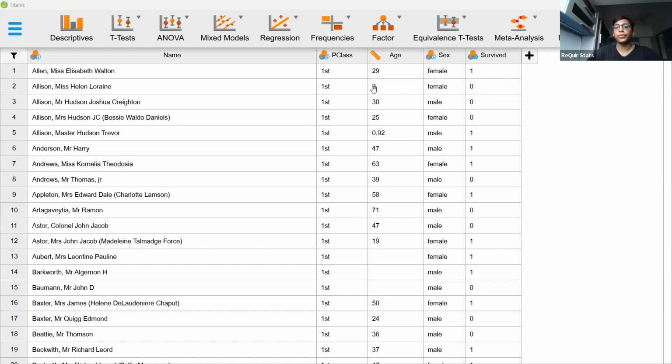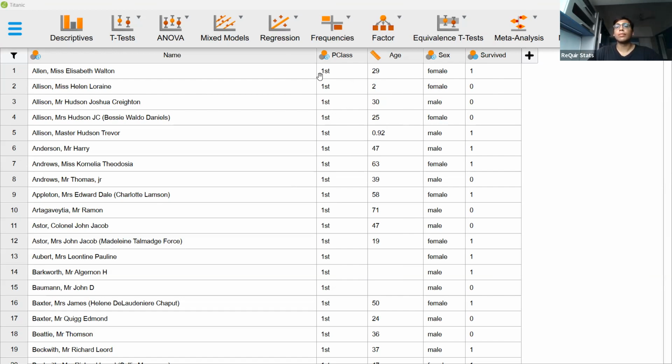So passengers on the Titanic, whether they survived or died, and we want to find out what factors contributed to survival. P class indicates the passenger class: first, second, or third class. Which passenger class levels were more likely to survive, whether males or females were more likely to survive, and whether age influenced survival.